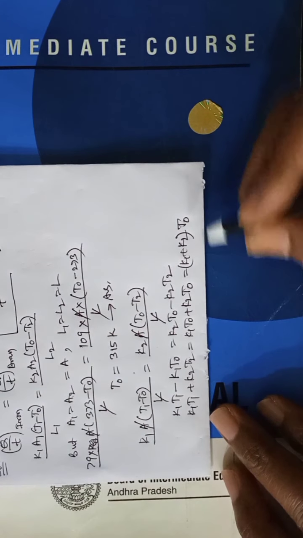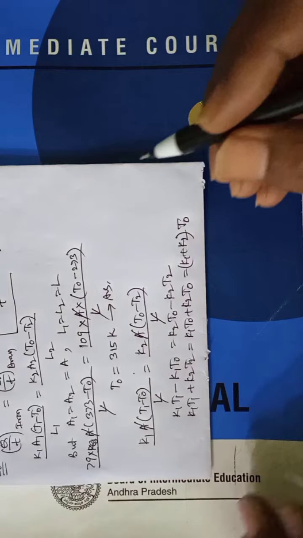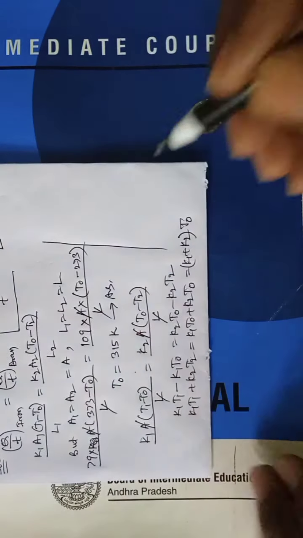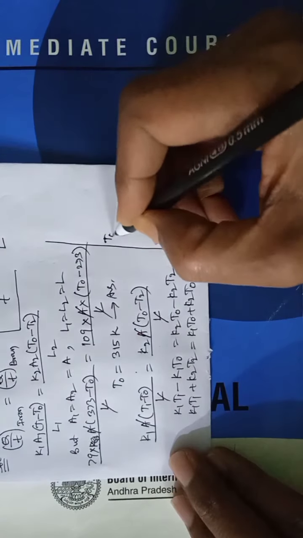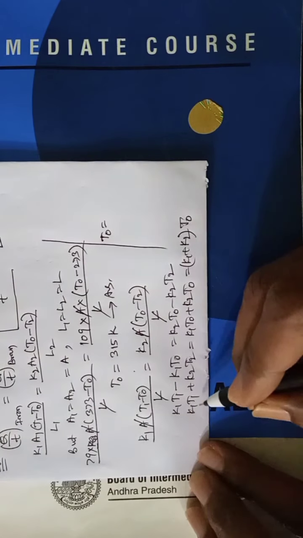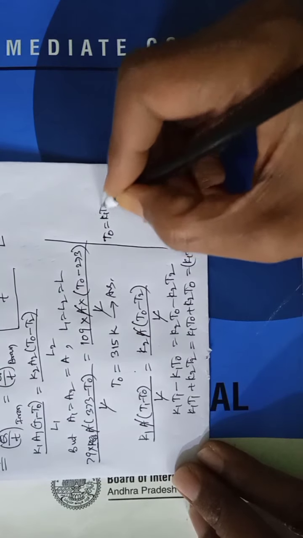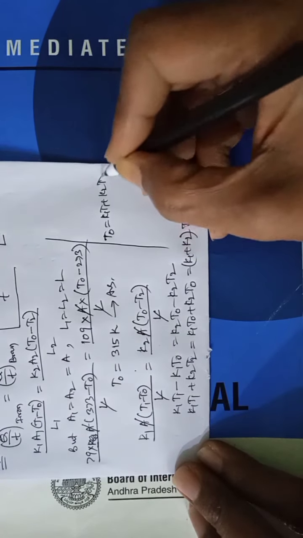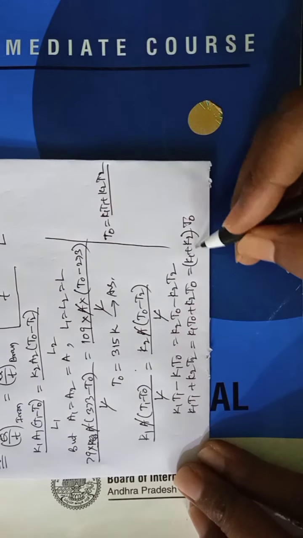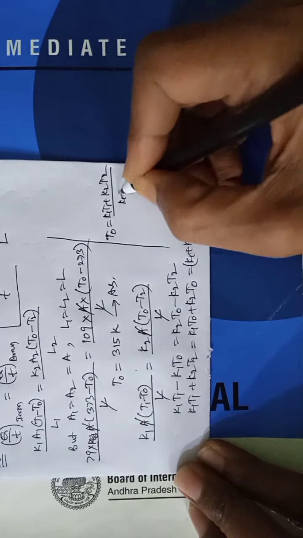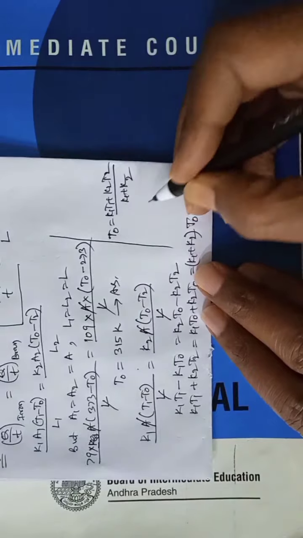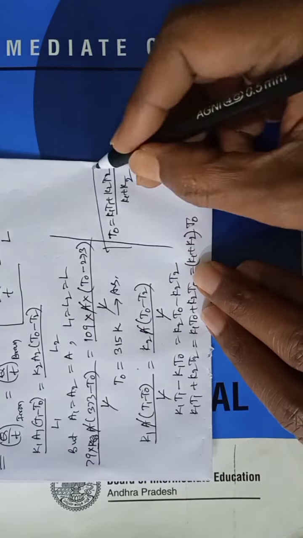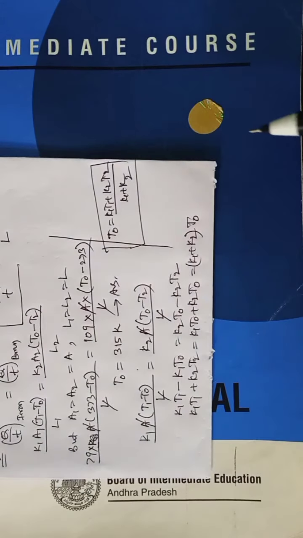From this, T0 is equal to (K1 T1 plus K2 T2) divided by (K1 plus K2). So we got the expression. So this is the first answer.